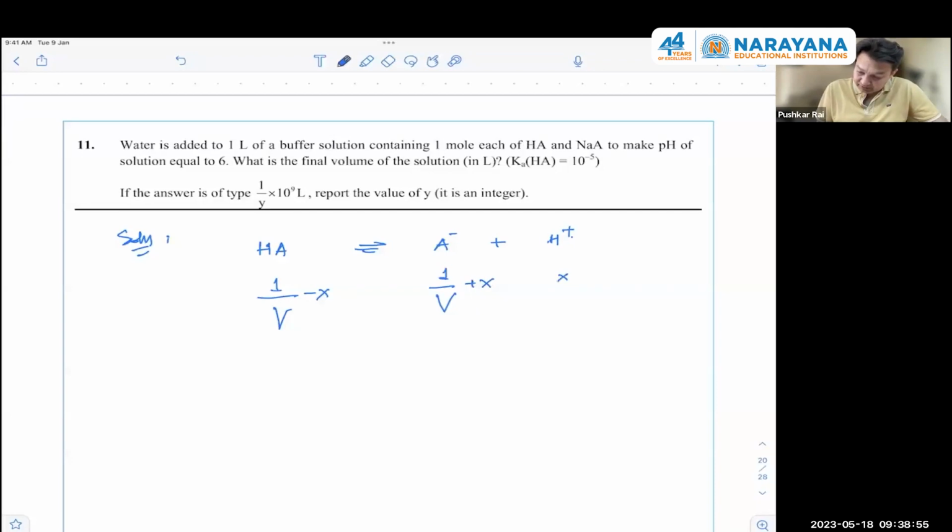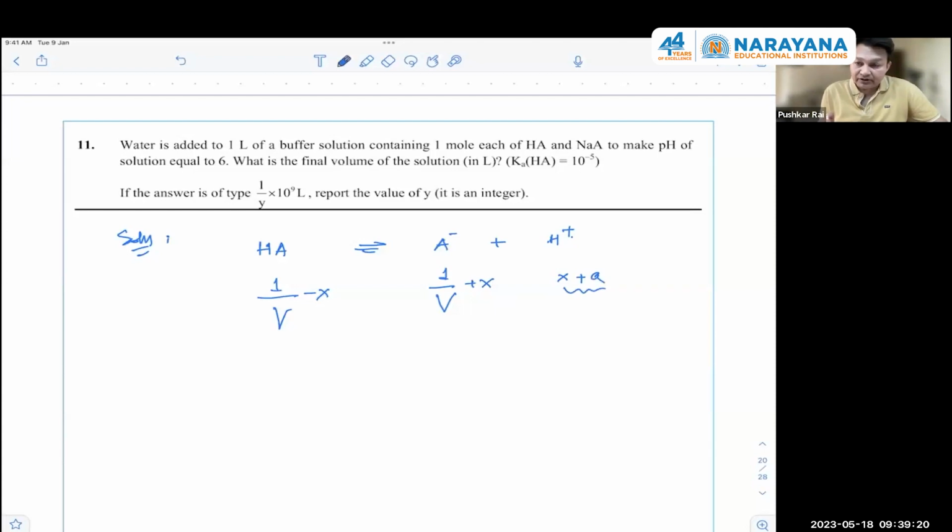But then there must be something coming from water as well, because the pH of the solution is equal to 6. That means this H plus is equal to 10 to the power minus 6. So I will write X plus A rather. You know why?